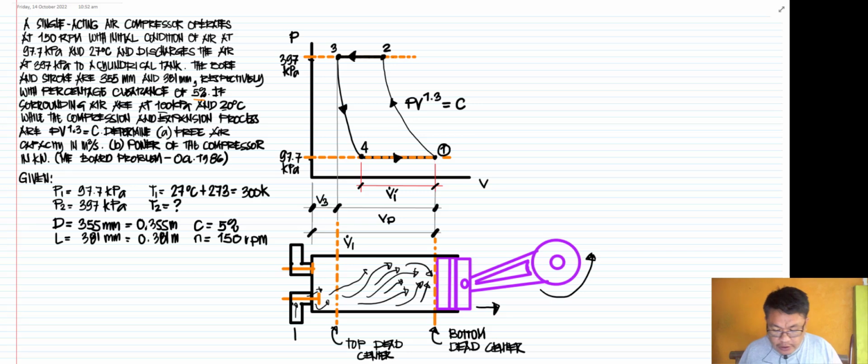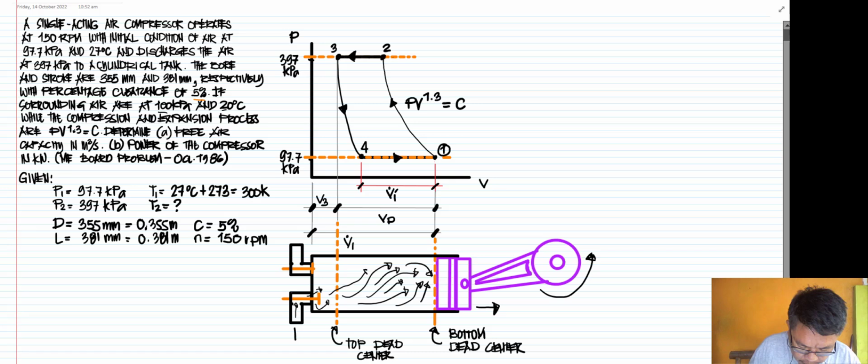Now, the problem also states that we have 100 kPa and 20 degrees surrounding. If we are going to represent that, the surrounding is outside of your compressor. So we have here the surrounding, which is 100 kPa. Then I'm going to rename this one as P sub 0.